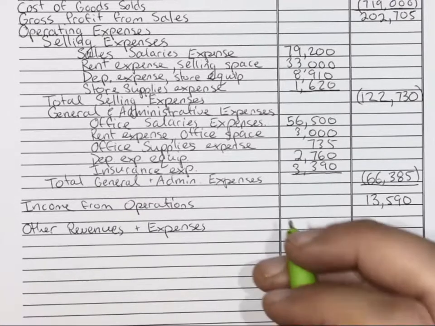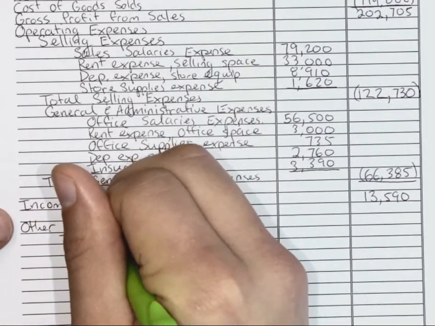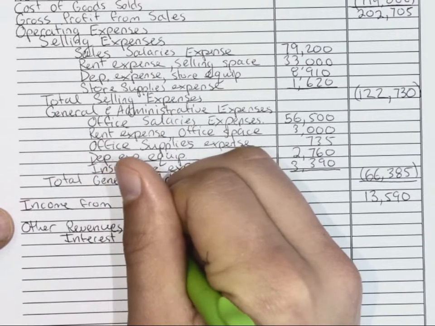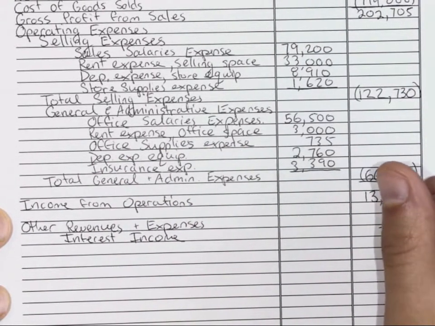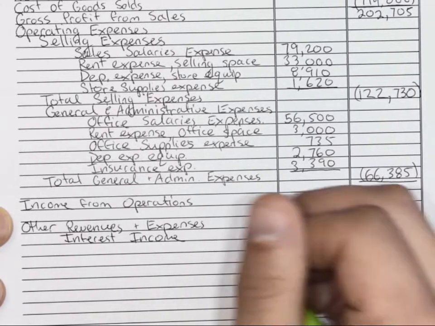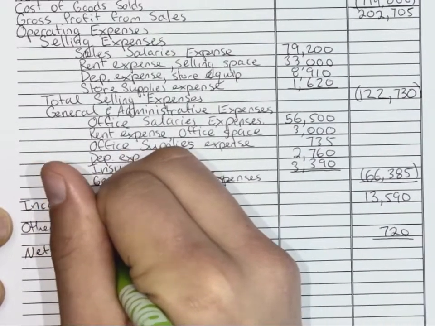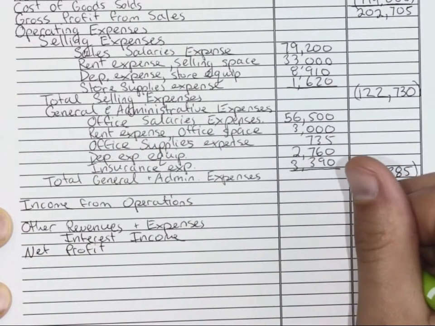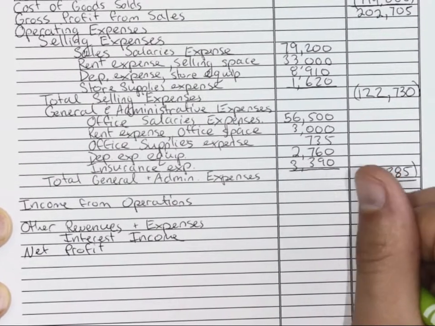So in this case, we have interest income for $720. And we get a net profit. $14,310.